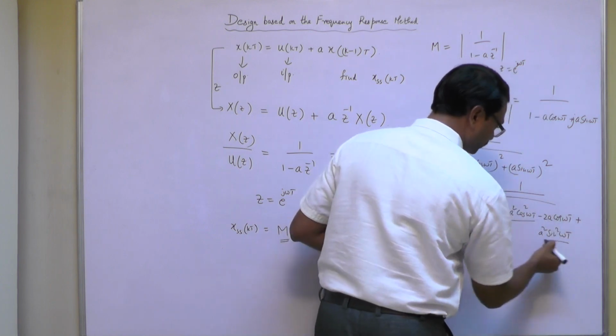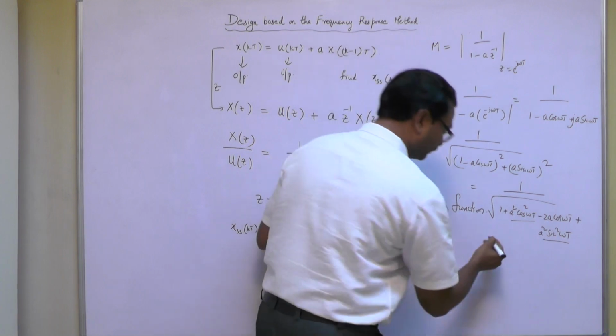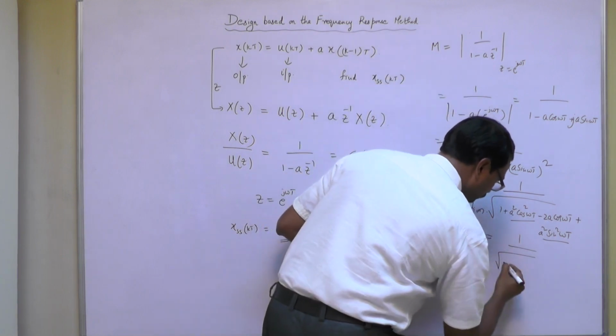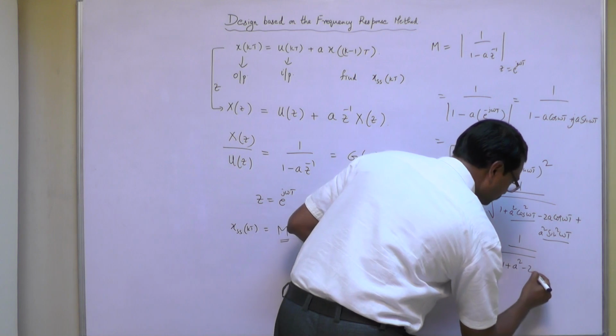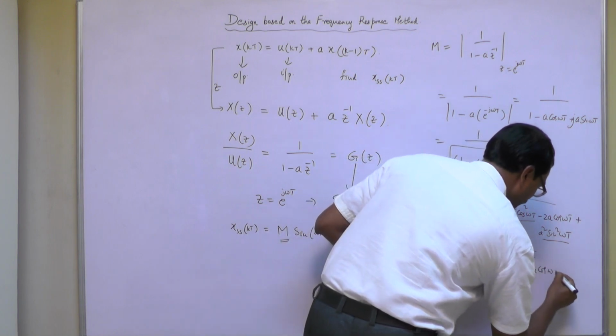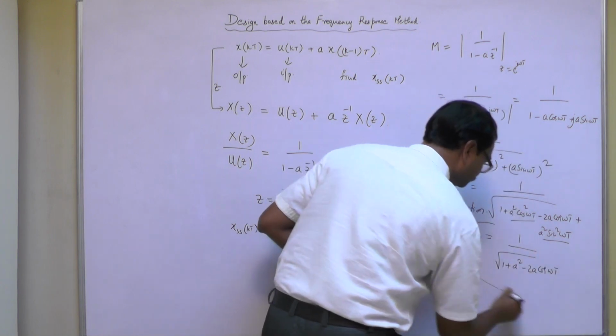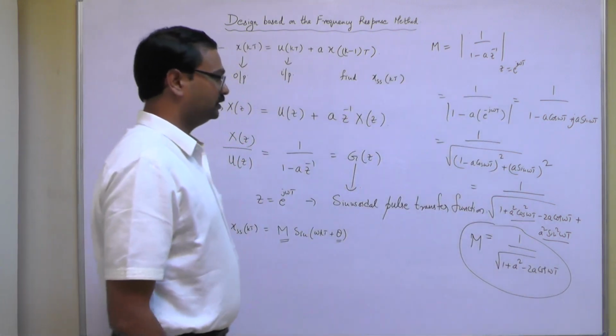A square cos square plus a square sin square is a square. Therefore, we have 1 by root of 1 plus a square minus 2a cos omega t. This is the value of m.